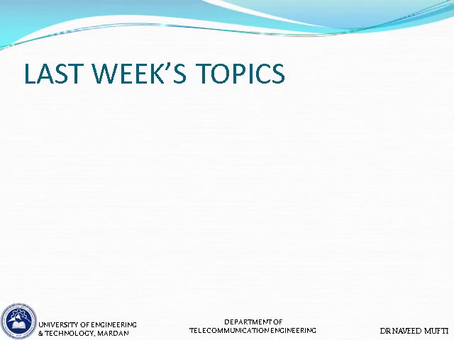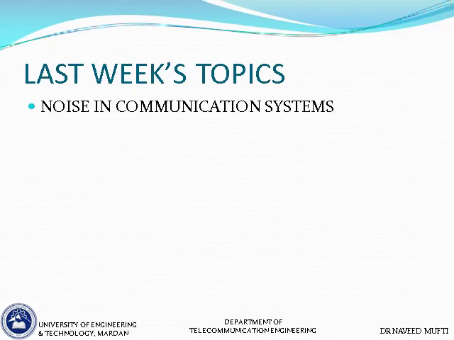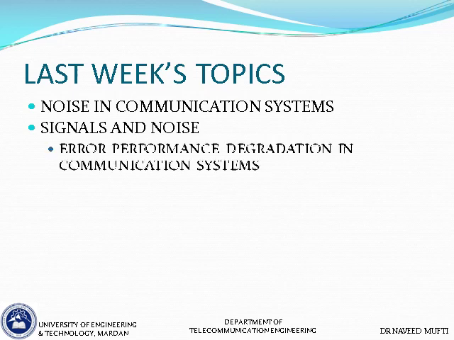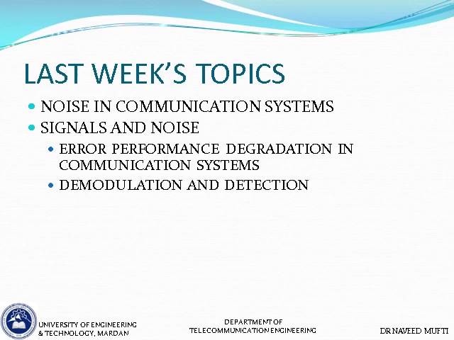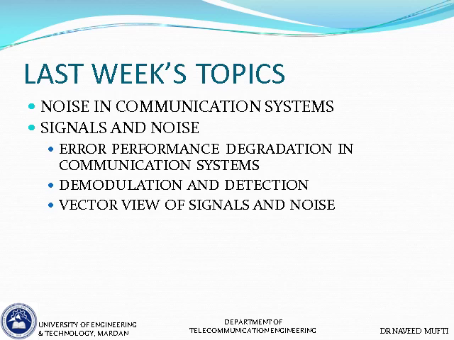So last week, we looked at noise and communication systems, signals and noise. Within that topic, we looked at error performance degradation in communication systems, demodulation and detection as the two main steps in a digital receiver, a vector view of signals and noise to have a better understanding of how noise affects signal vectors.